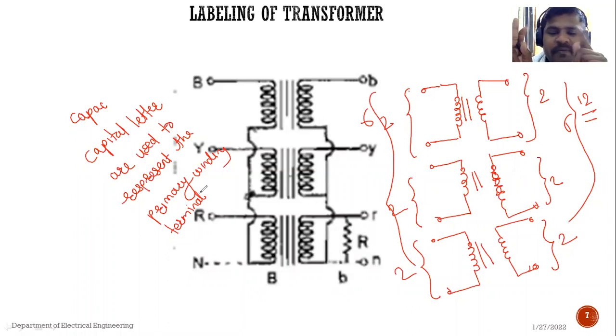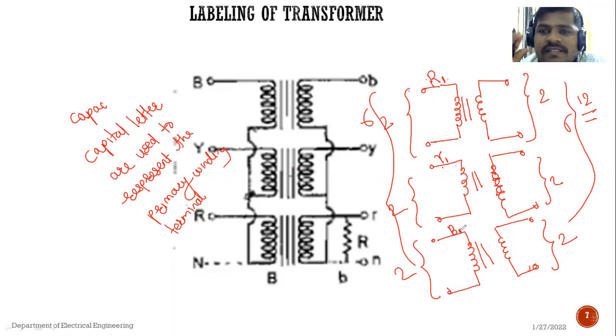So all of you keep in mind, the primary side terminal can be labeled by using a capital letter. Suppose I am representing here, हा जो काय ट्रान्सफॉर्मर आहे त्याचं मी प्रायमरी रिप्रेझेंट करतो. Suppose this one is the R, I am representing here R1, here it is Y1 and here it is B1. That means R phase first terminal, Y phase first terminal and B phase first terminal on primary side.